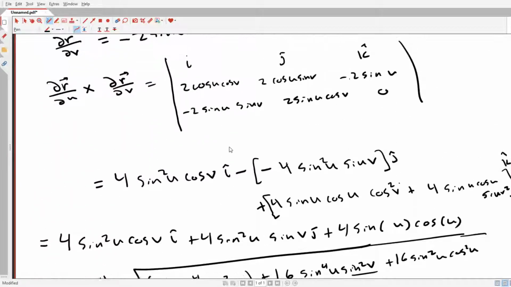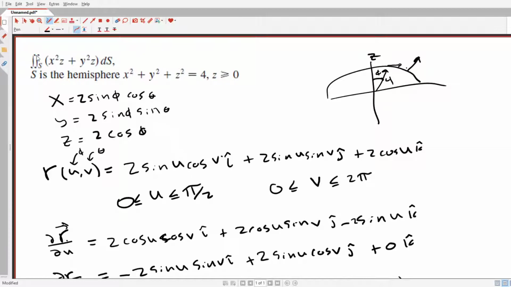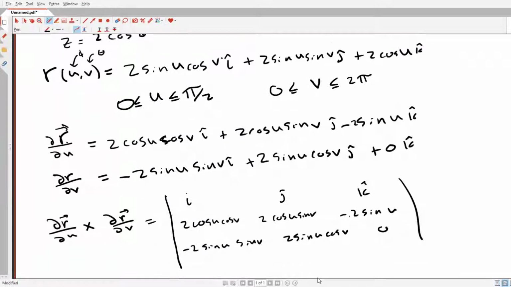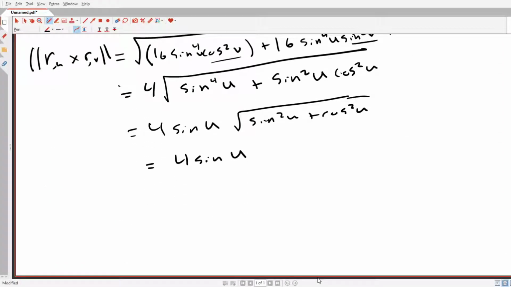Now I go back up, and this is what I want to integrate: x squared z plus y squared z. Okay, so what I want to integrate is the integral over my surface of x squared z plus y squared z dS.